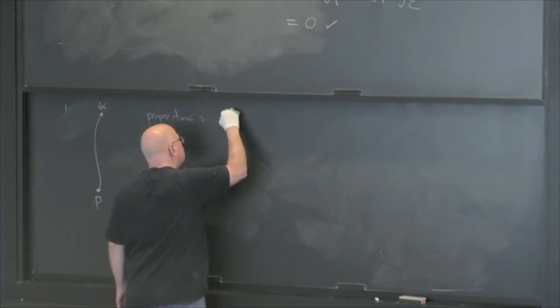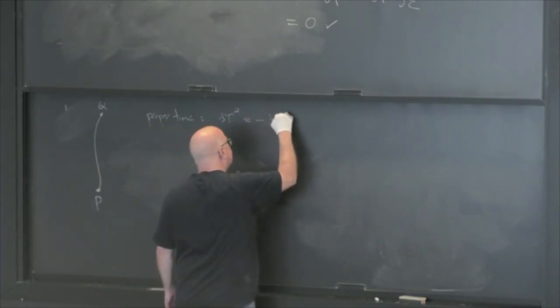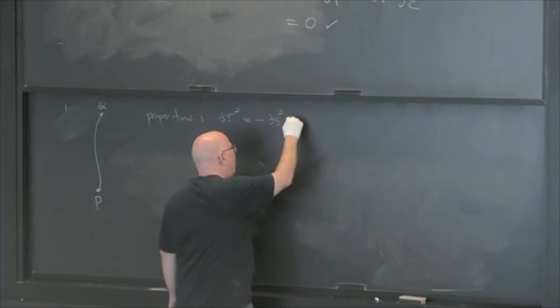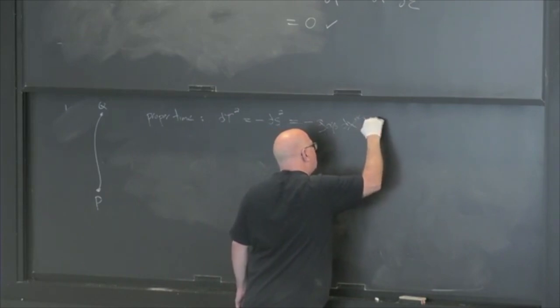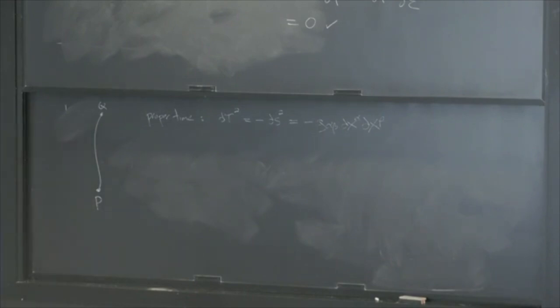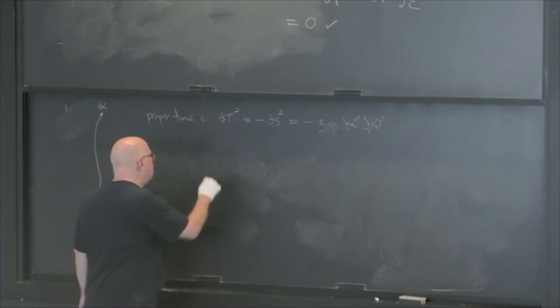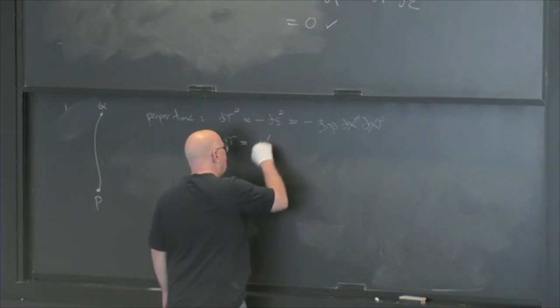We call it d tau squared, but it's just minus ds squared, and it's just minus the metric multiplying the displacement along the curve. Without a minus sign, we would call it proper distance, and that would be appropriate for a space-like geodesic. Here, because I'm focusing on time-like geodesics, I want to use proper time, and there's that minus sign difference. So I can take the square root and get the infinitesimal of proper time on the curve.